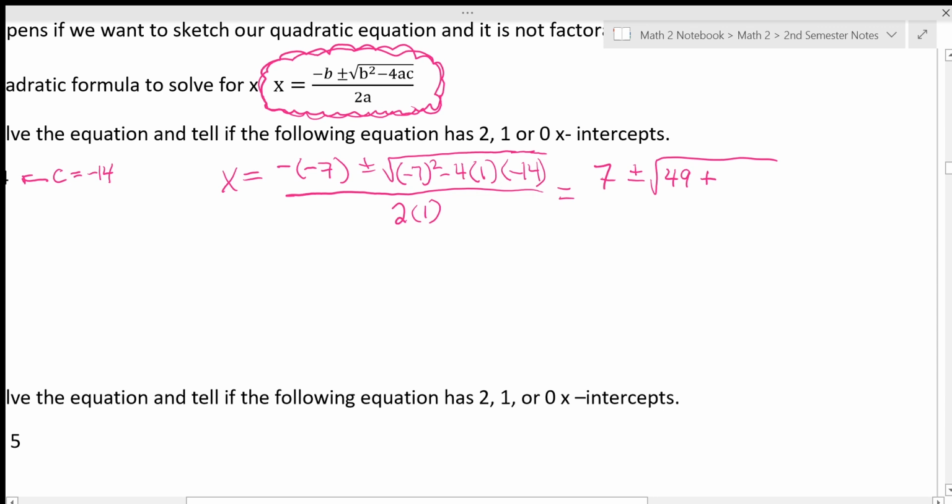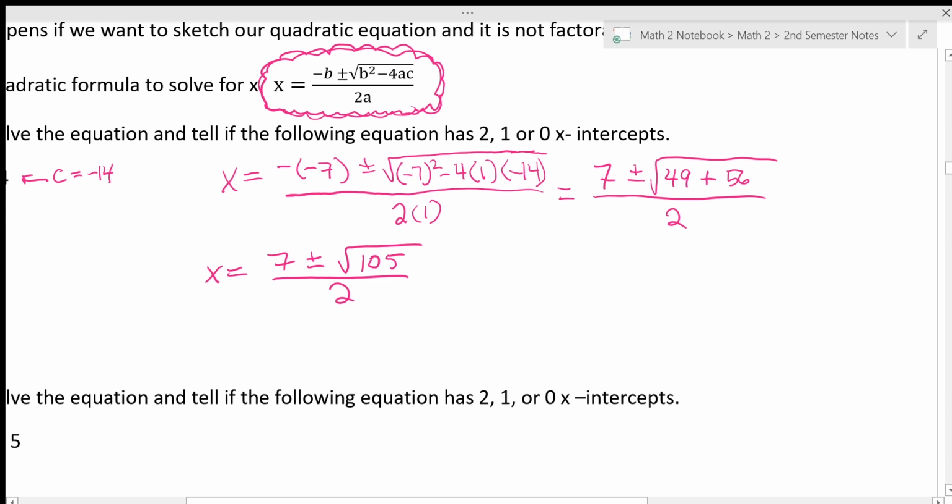And then 4 times 14 is 56. So I've got 49 plus 56 under my radical, and on the bottom of the whole thing, I've got 2. So now I keep simplifying. x equals 7 plus or minus, 49 plus 56 is 105, so I've got the square root of 105 over 2.